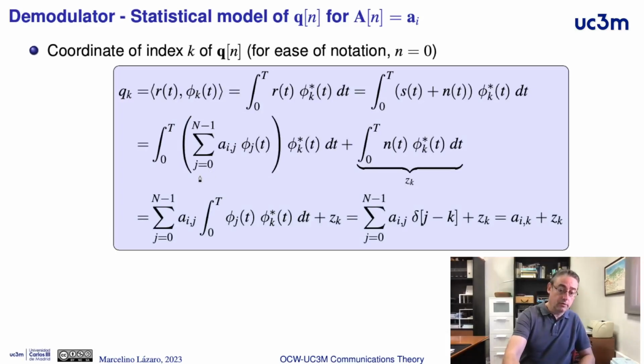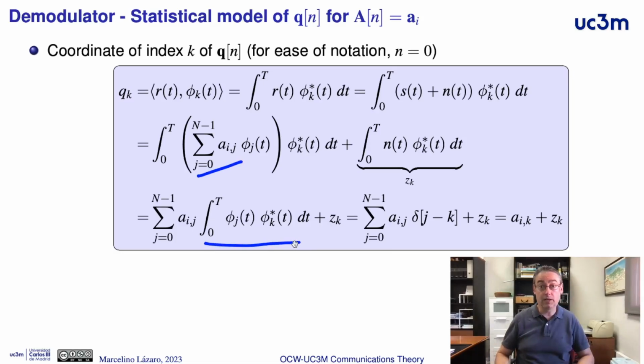In this expression here, we can move this addition of the coordinates out of the integral. In the integral, we have the definition of the inner product between the jth and the kth elements of the orthonormal basis. This is 0 for j different than k because we have orthogonal functions, and in this addition we only have the term associated to j equal to k.